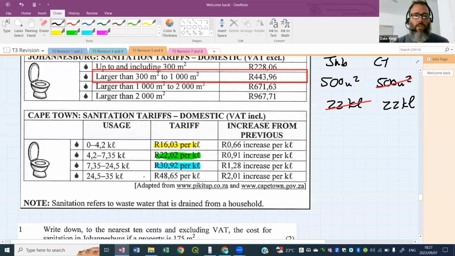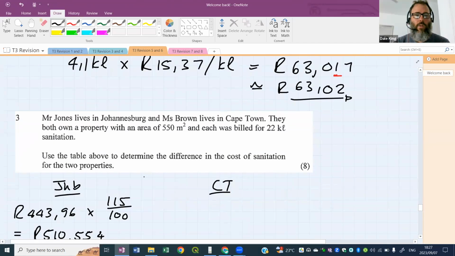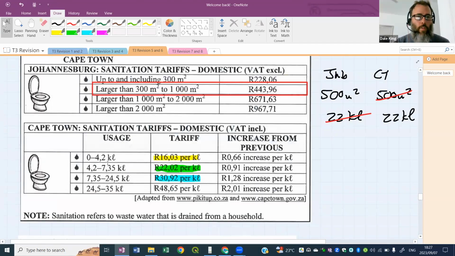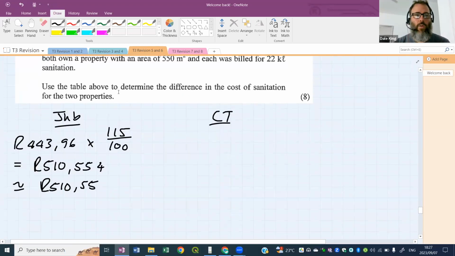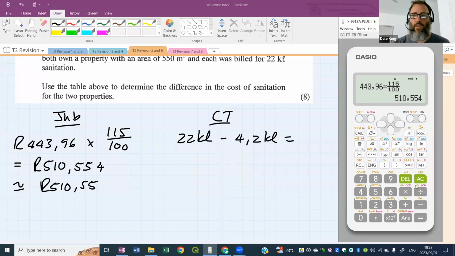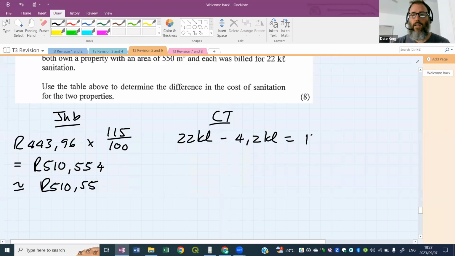So we've got 22 kiloliters, Ben. I need to charge for the first 4.2 kiloliters. So I'm going to start this off by saying I've got 22. The first 4.2, I'm going to take this 4.2 off my 22, all right? And that leaves me with 22 minus 4.2 leaves me with 17.8 kiloliters left.